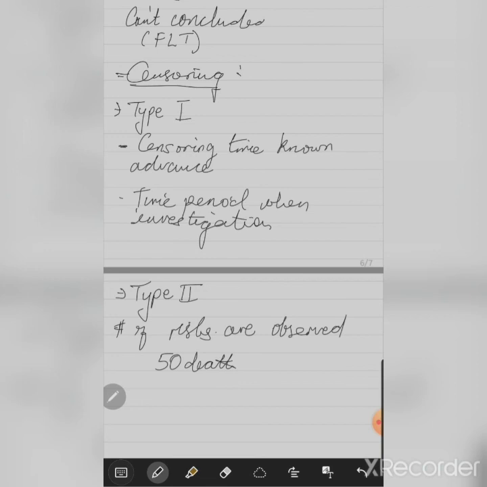So it is in this regard that we typically look at a few survival functions, or survival models.